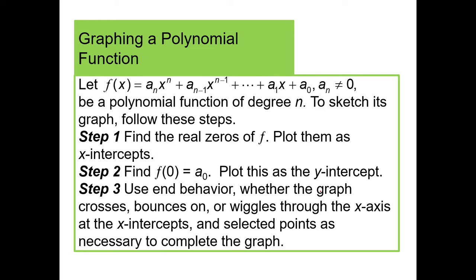We want to find f of 0, and that's equal to a sub 0, the y-intercept. In step 3, we're going to use end behavior to determine whether the graph crosses, bounces on, or wiggles through the x-axis at the x-intercepts, and select points as necessary to complete the graph.